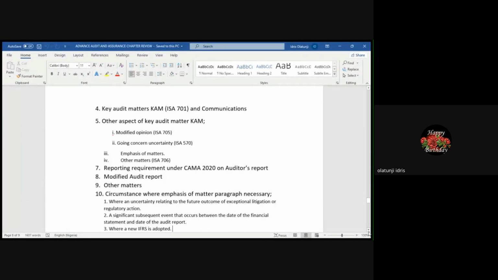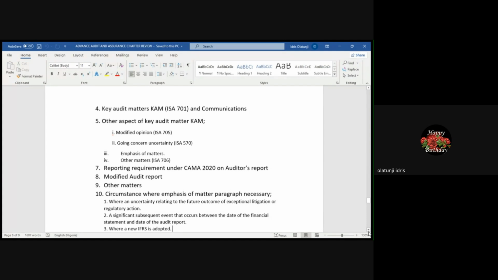If there is any emphasis of matter, any matter seen to be fundamental to the users of financial statements, that is, a matter that seems very important, the auditor may highlight it or draw the users' attention to it.